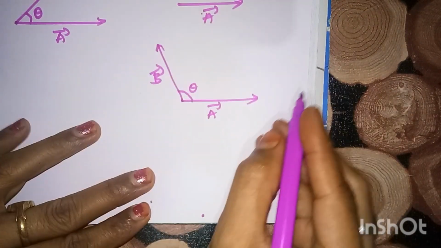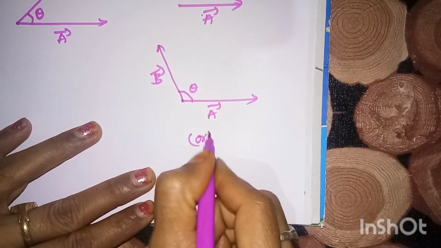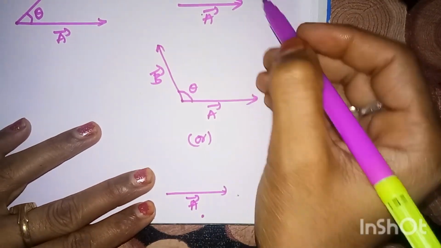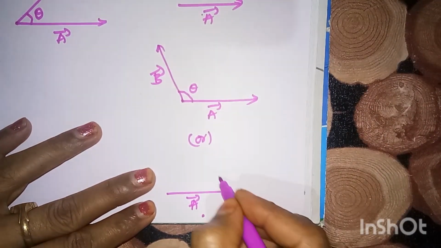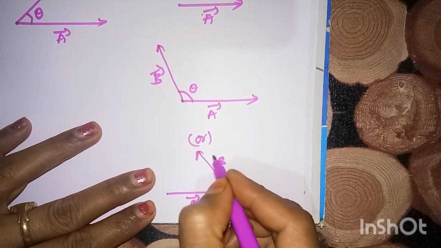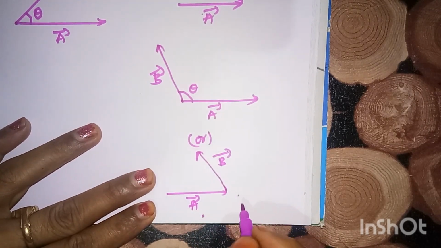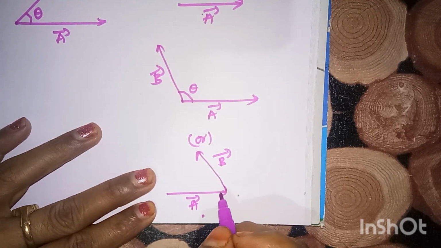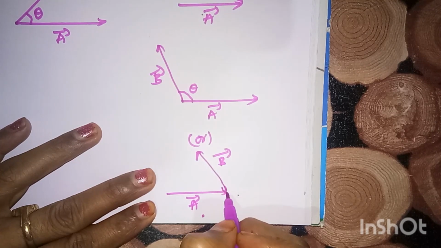There is another way to find the angle between two vectors. This is a bar, and I am connecting here itself. This is b bar. You said that to find the angle between two vectors, tail and tail should be connected, but here you are connecting the first vector's head with the tail.